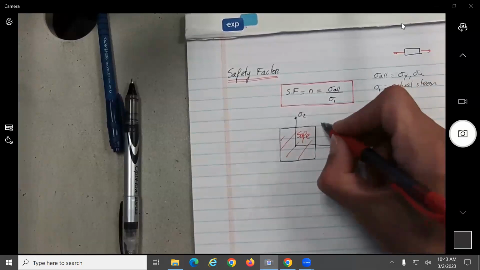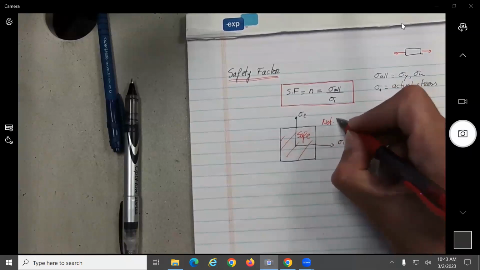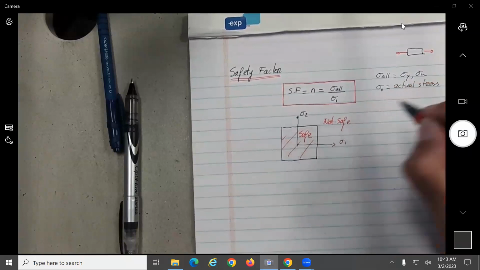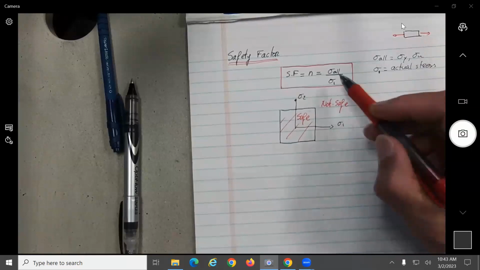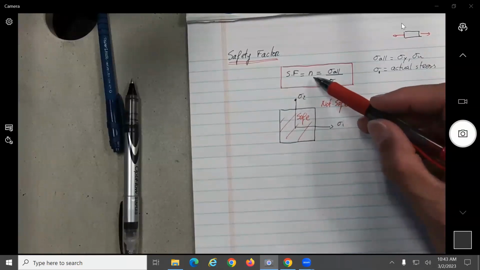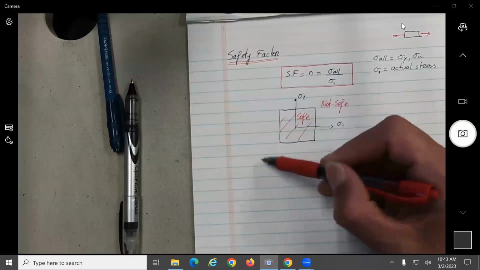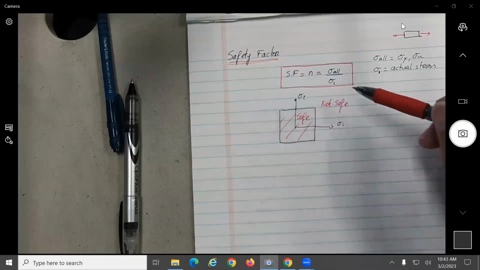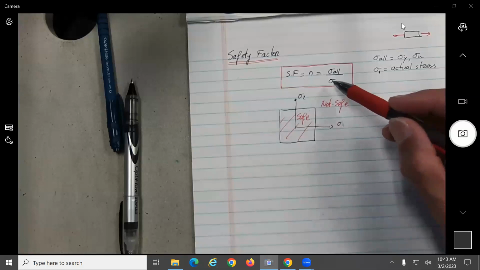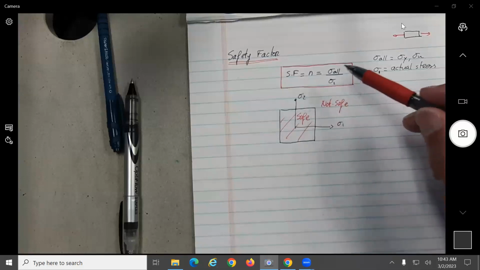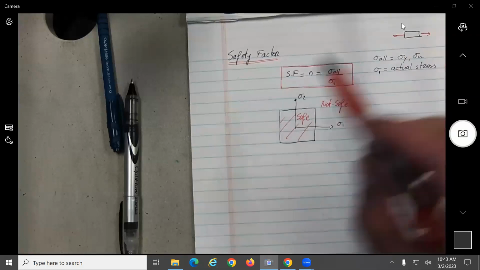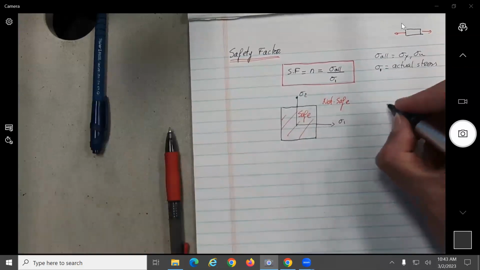When you apply the n, let's say n is equal to 2, then this box will become twice this one. So this is for the principal stresses.